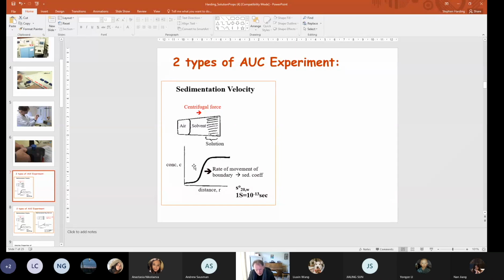So we can scan across this cell for the presence of protein using, for example, ultraviolet absorption optics, because most proteins absorb in the ultraviolet region around 280 nanometers because of the aromatic groups in the side chains, like tryptophan and tyrosine.